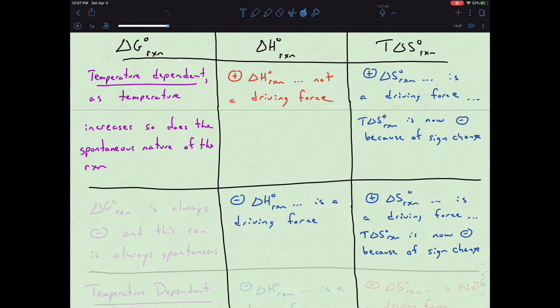So here we find two things that are driving forces, the delta H and the delta S. And so what does that mean for delta G? That means our delta G of the reaction is always negative, and this reaction is then always spontaneous.